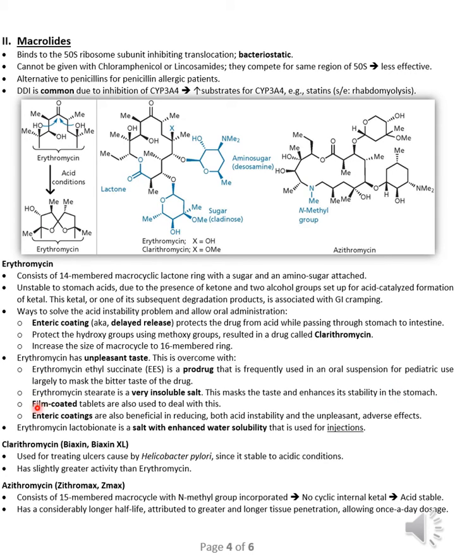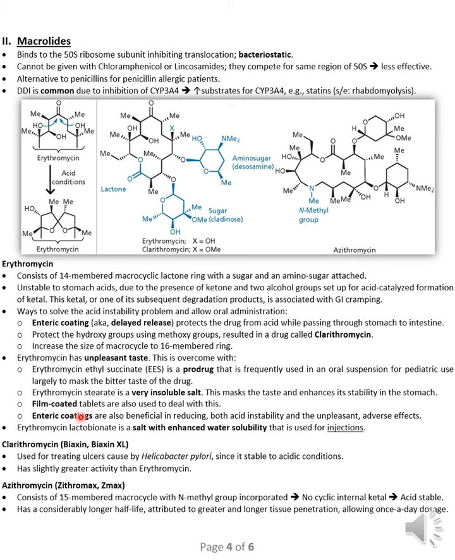I just wanted to make sure you understand the difference between film coated versus enteric coated. The film coated could be coated with a sugar, for example, just to allow the drug to pass through the mouth and avoid the bitter taste, while the enteric coated is coated with a material that is only degraded in the small intestine, and it would protect the drug from the acid.